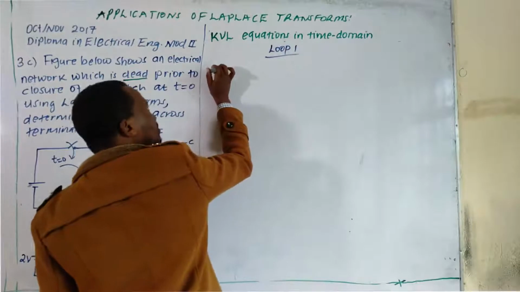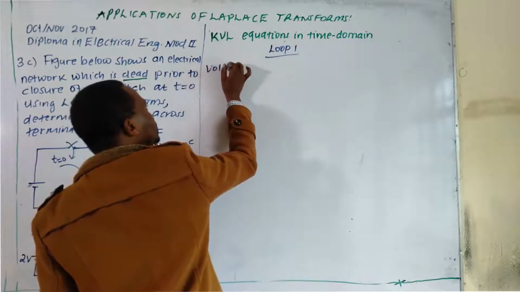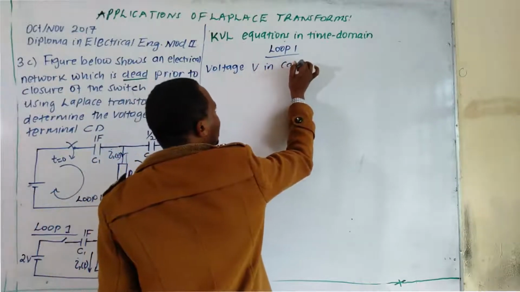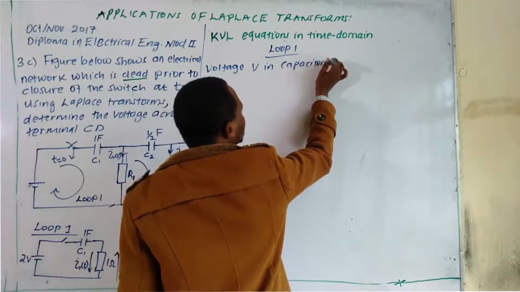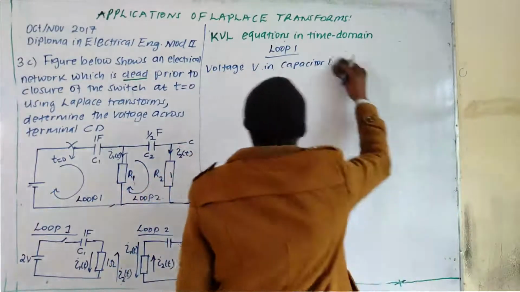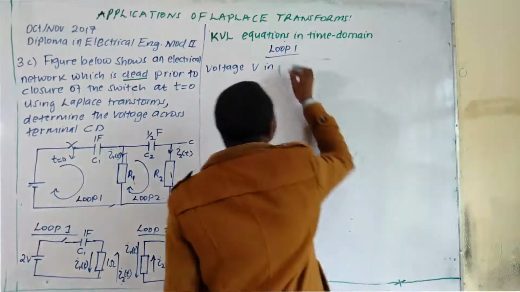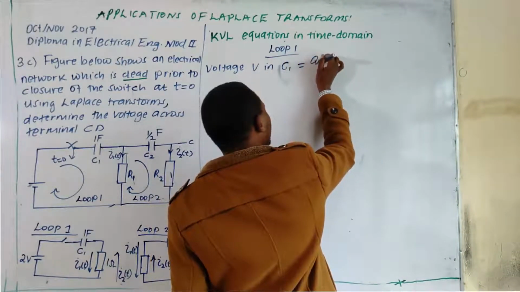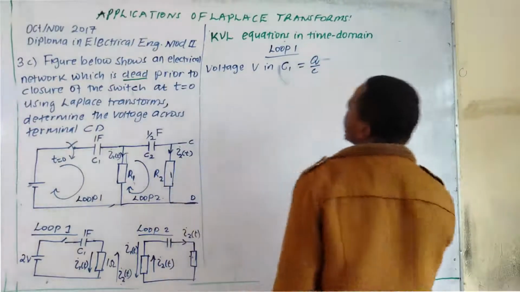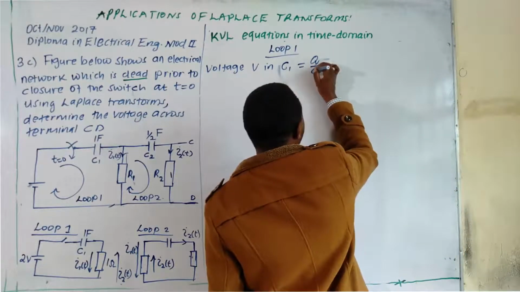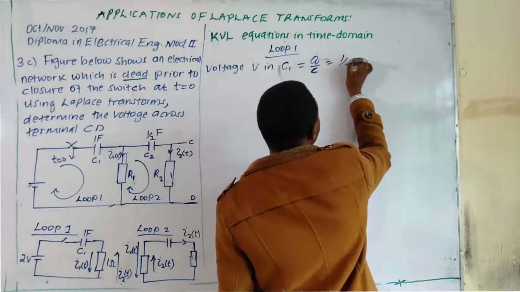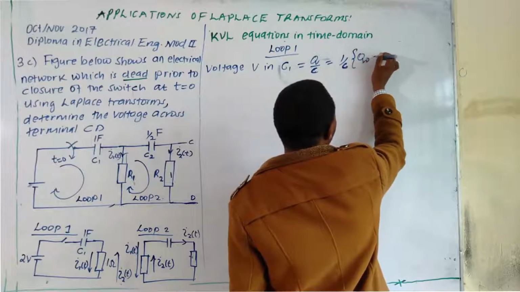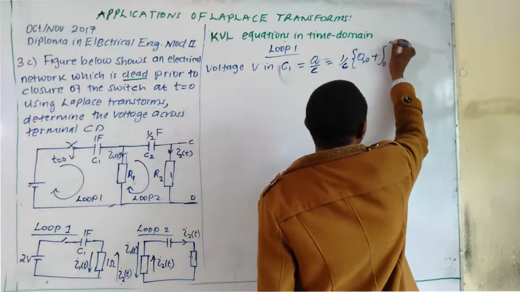So voltage V in capacitor 1, voltage V in C1, is equal to Q over C, charge of a capacitance, which is equal to 1 over C, Q naught plus integral from 0 to t.